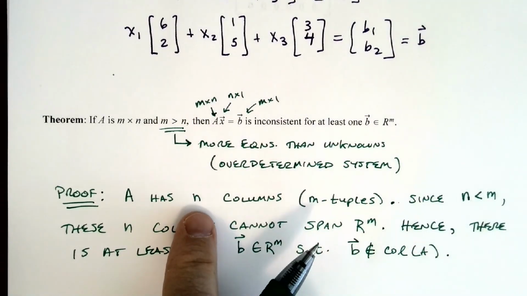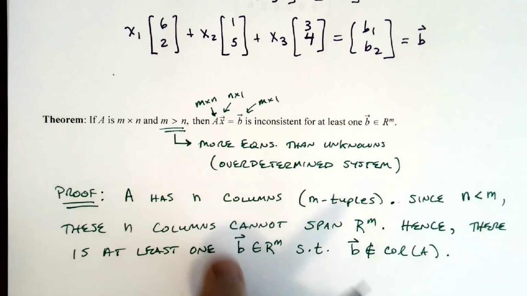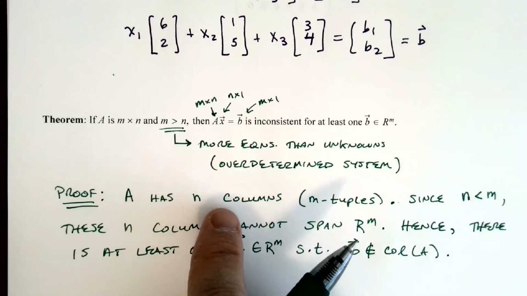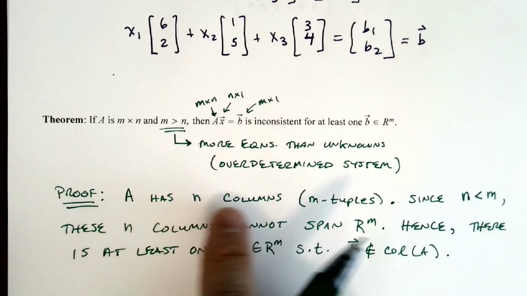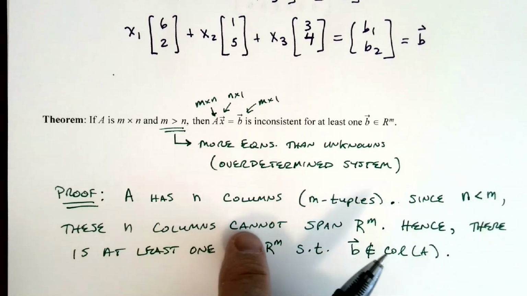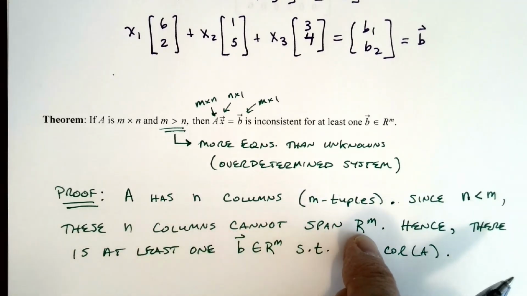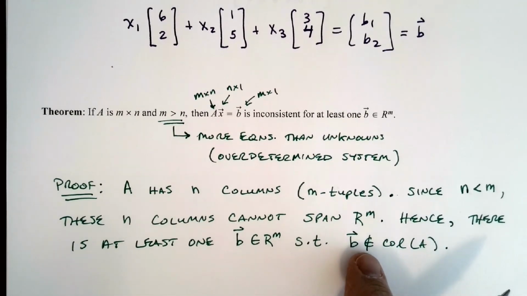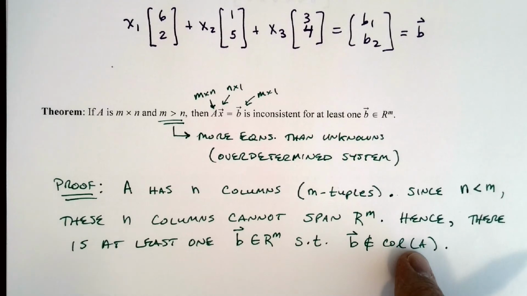Well, because these n columns, right, any vector in the column space of A is a linear combination of these n column vectors of A. And we just said these n column vectors cannot span all of M space. What's that mean? It means there's at least one vector in M space that I can't write as a linear combination of those columns. There's at least one, right? And so that means that there's at least one B that is not in the column space of A.